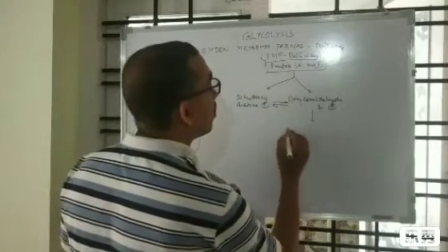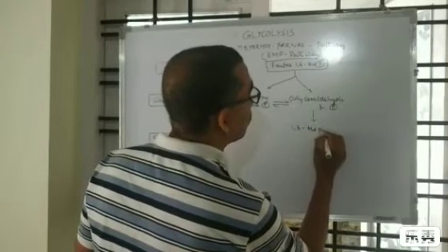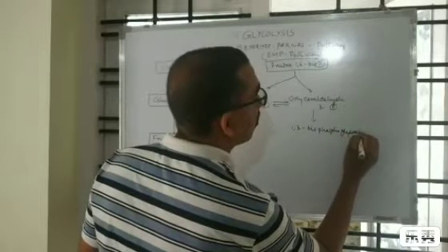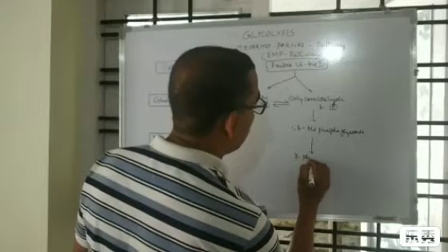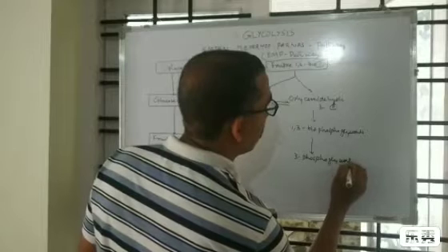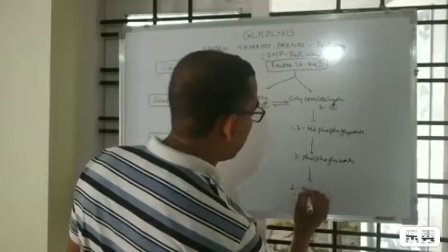Then glyceraldehyde 3-phosphate is converted into 1,3-bis-phosphoglycerate. 1,3-bis-phosphoglycerate is converted into 3-phosphoglycerate. Then 3-phosphoglycerate is converted into 2-phosphoglycerate.